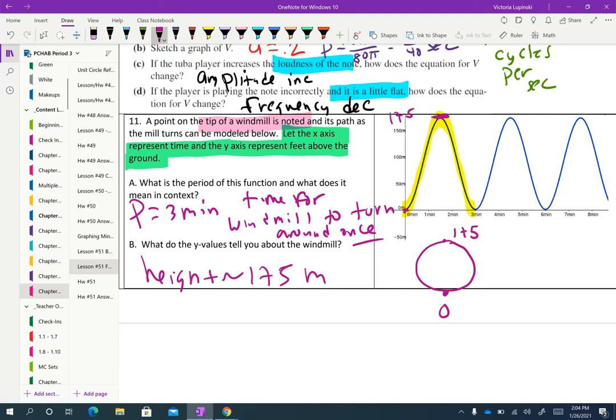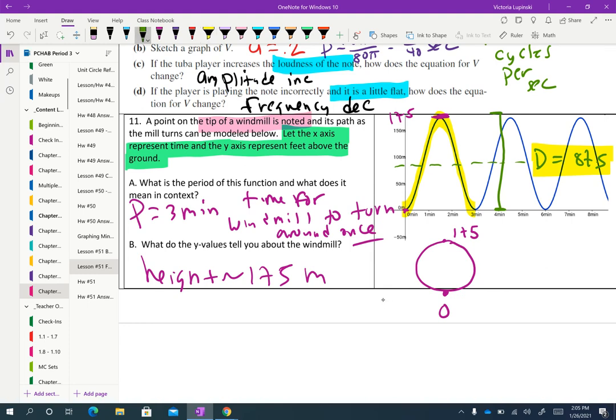If you take a look at the entire height of this graph, remember that the D would be halfway and your A would be the distance from the midline up or the midline down. So in terms of the midline, which would be your D, that would have to be half of 175, which would be 87.5.